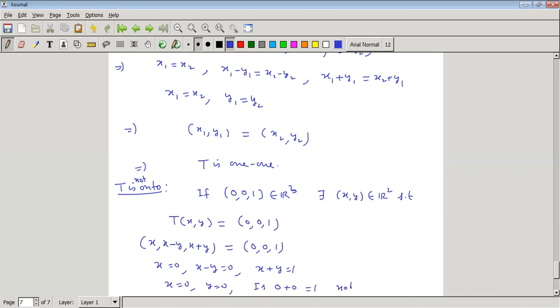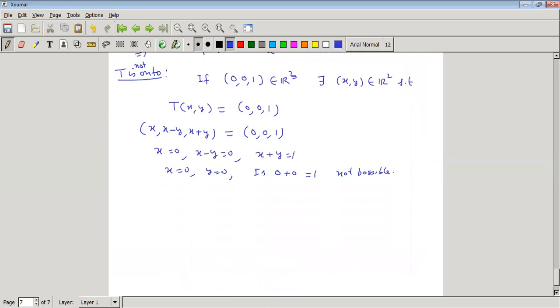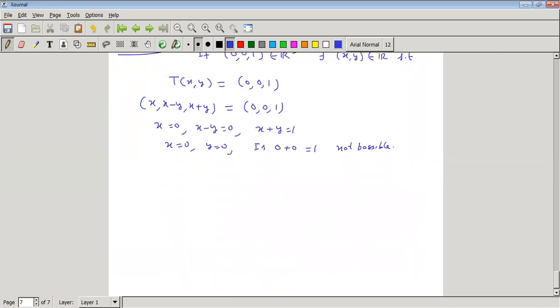Not possible, right? Which is not true. Therefore, there does not exist x comma y in R2 such that T of x comma y is equal to 0, 0, 1.